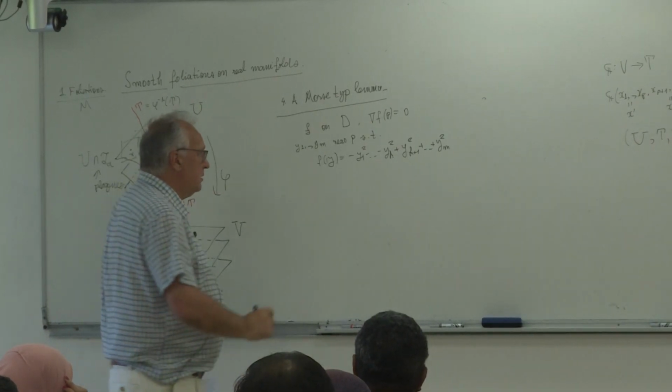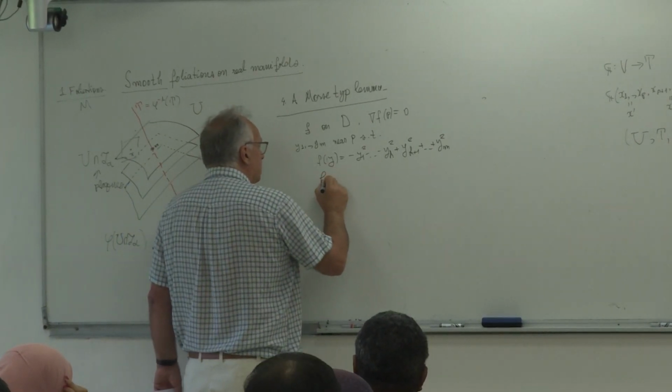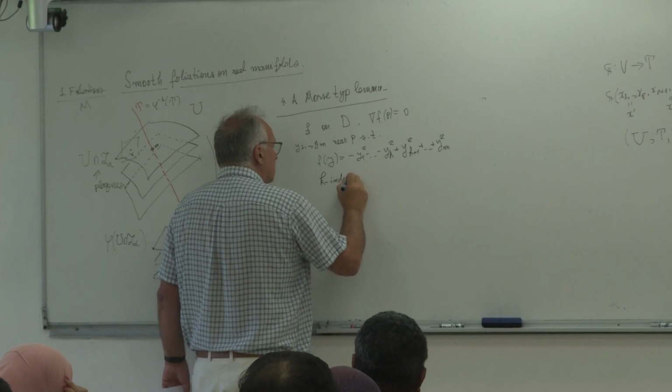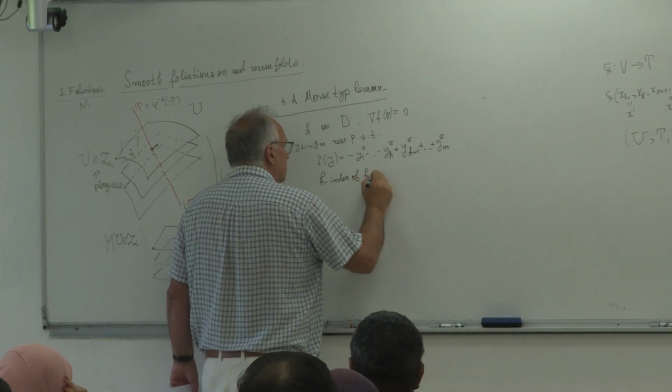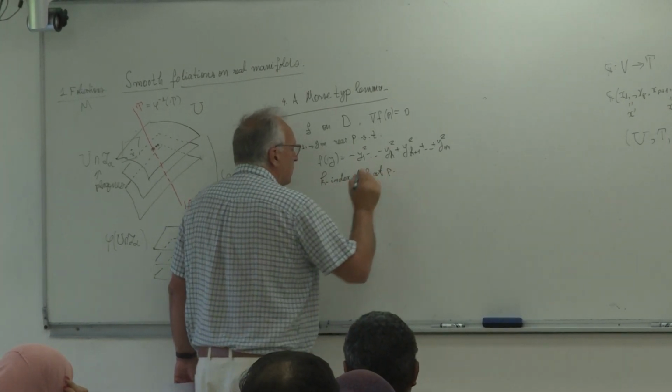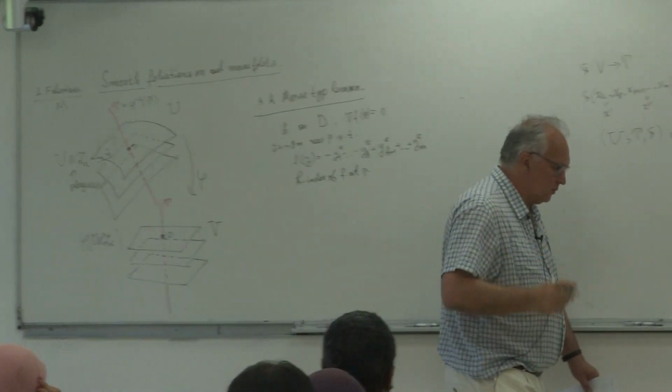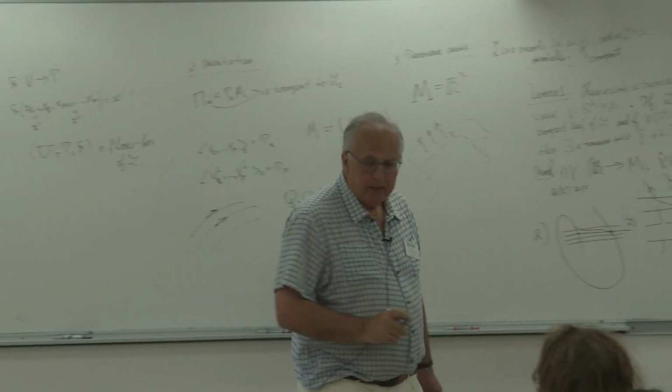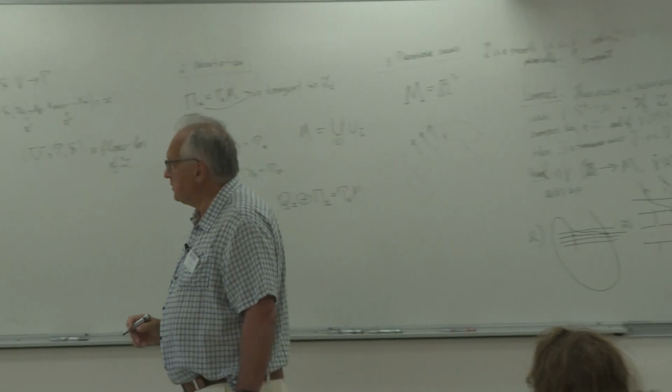The number k is called the index of f at P, or index of the critical point P. This is the Morse lemma.